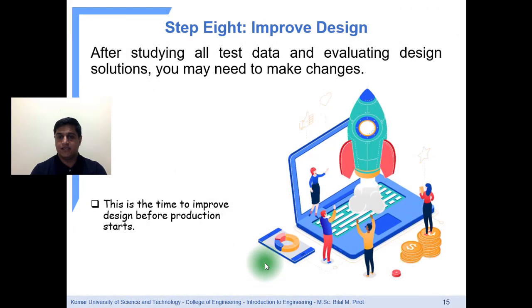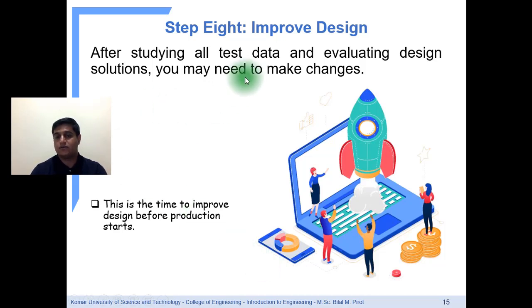Step 8, improve the design. In the previous step, you tested and evaluated your model and your alternative. Now you should know what the weak points of your design are. If you know the weak points of your design, then you should take corrective actions.